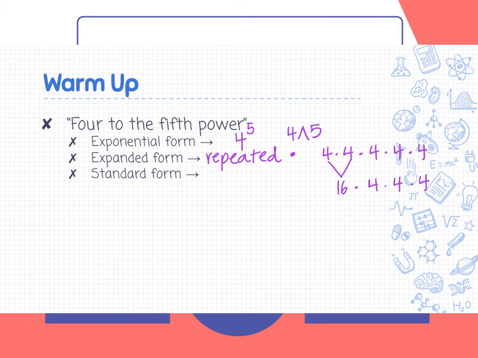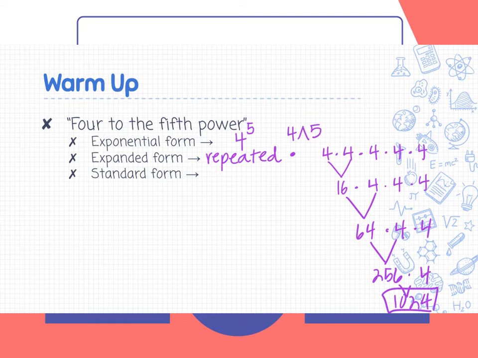Then 16 times 4 is 64, and then times 4 times 4. Well, 64 times 4 is 256. Bring down that last 4 that we didn't use, and we get 1024. So our standard form would be 1024.